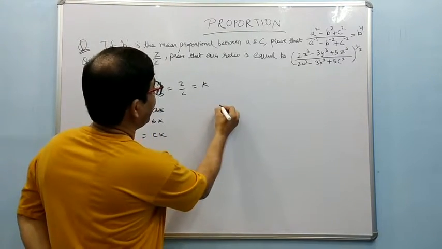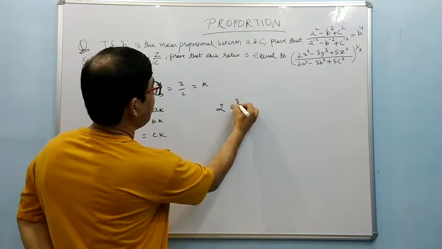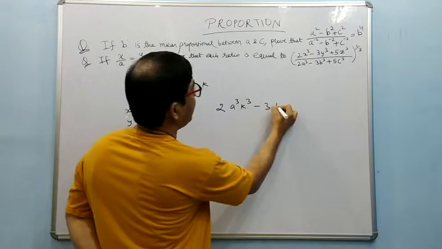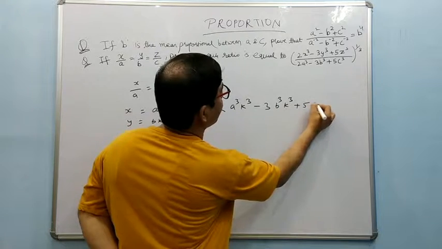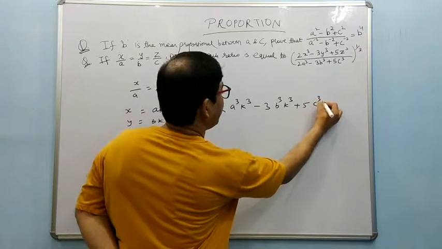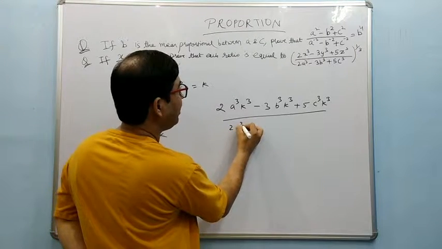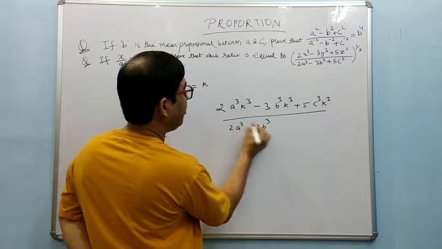So in this problem I can just write 2x cube, that is a cube k cube, minus 3y cube, b cube k cube, plus 5z cube, c cube k cube, and I am doing nothing in the denominator. You can ask why you are not doing anything in the denominator.